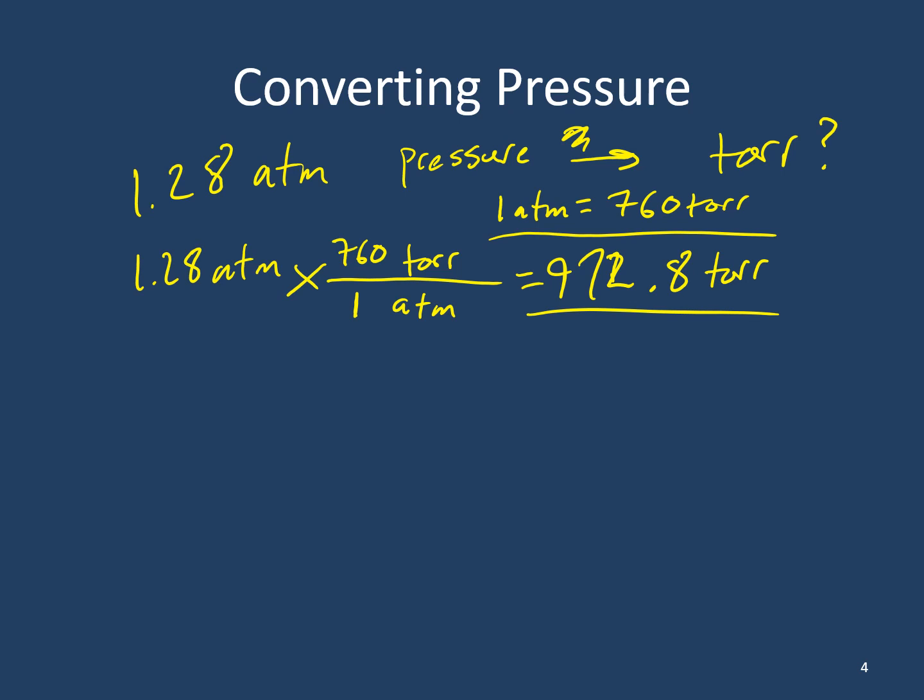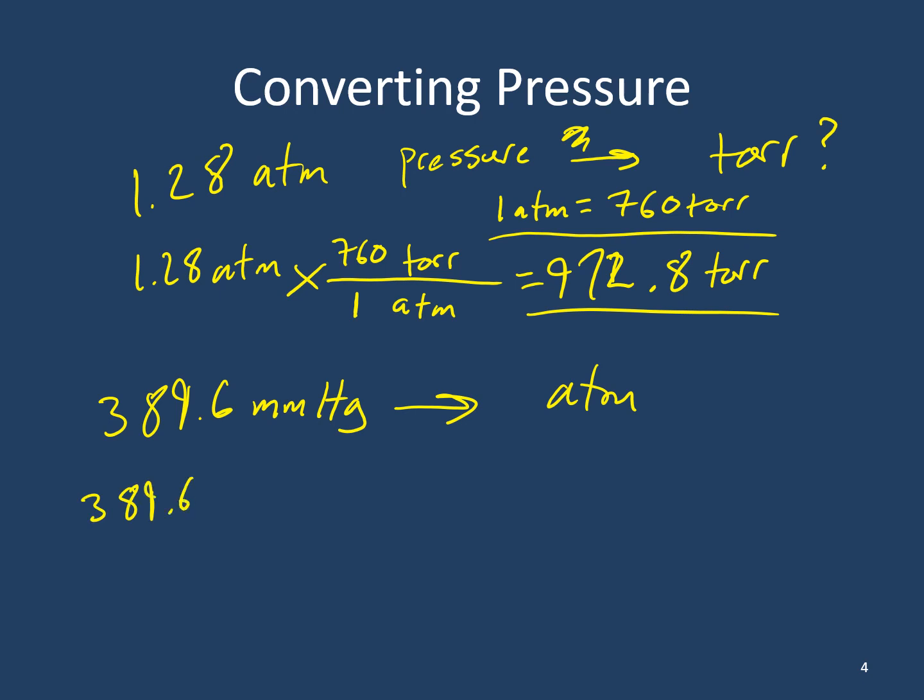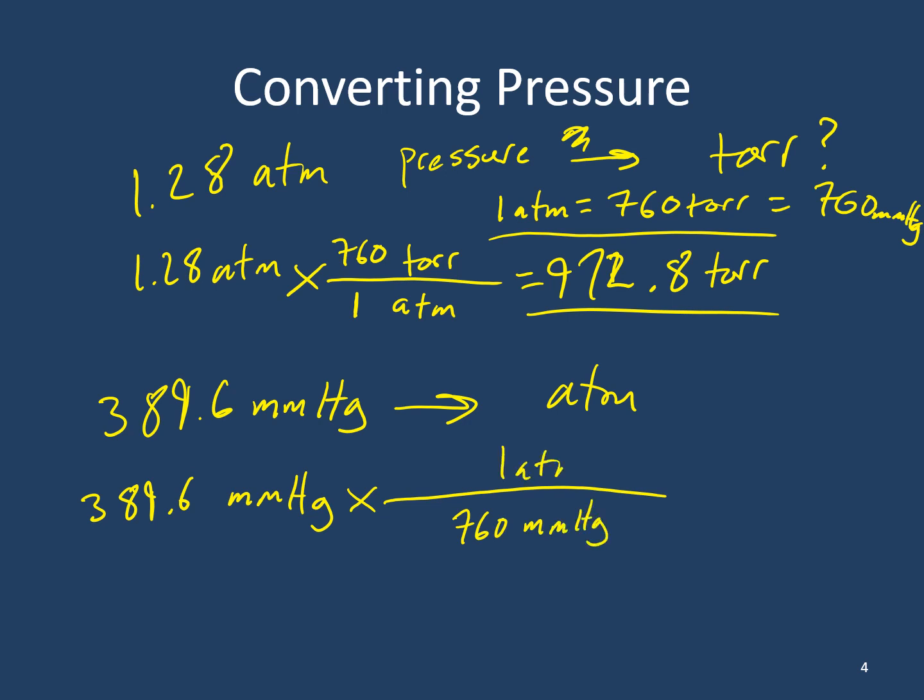Maybe we are given a different unit. Maybe we're told, let's say we have 389.6 millimeters mercury, and we want to convert this to ATMs. Well, the conversion factor is pretty much the same here, and again, this is one that I won't provide, that there are 760 millimeters of mercury in 1 ATM.